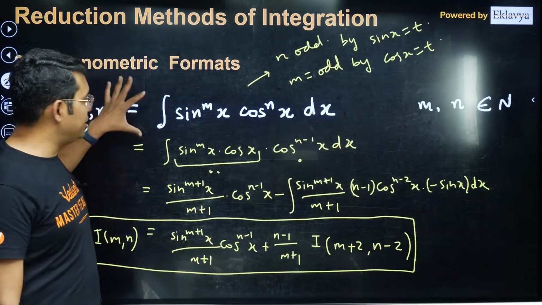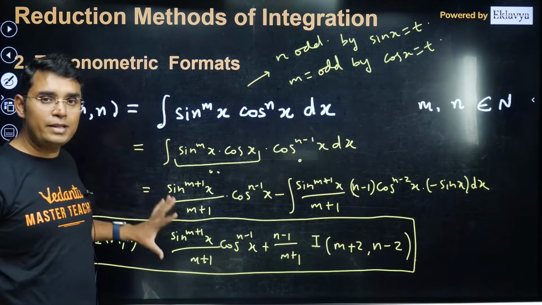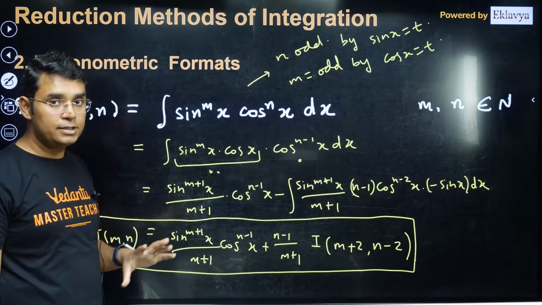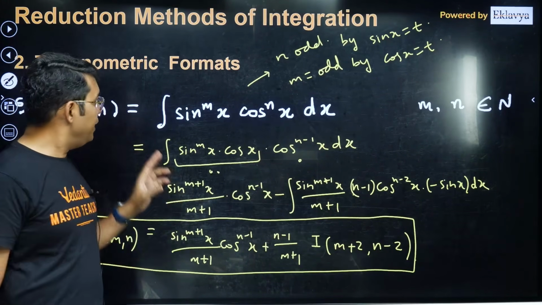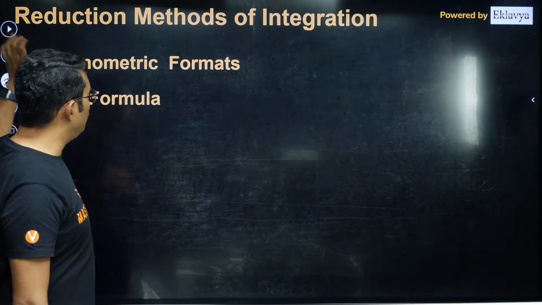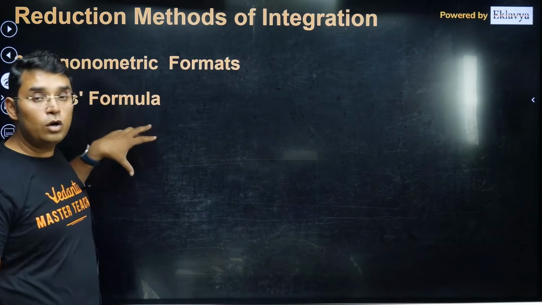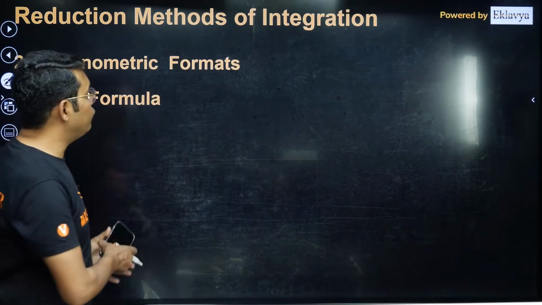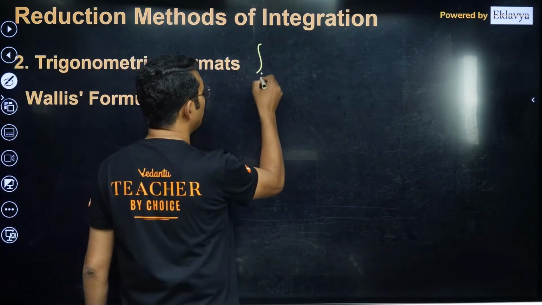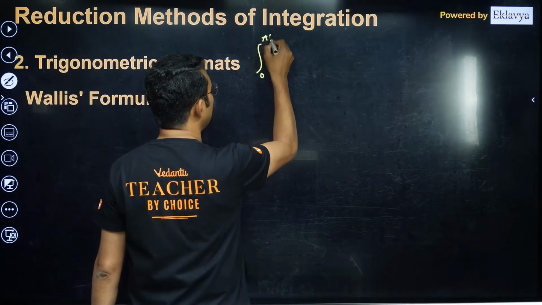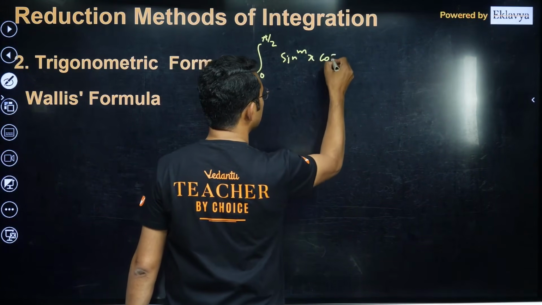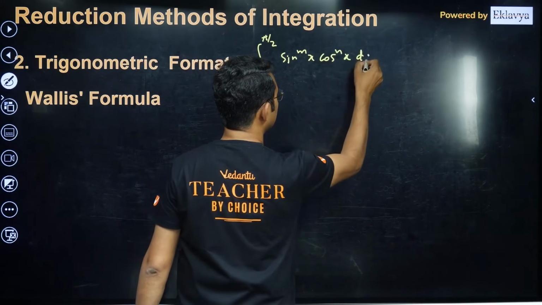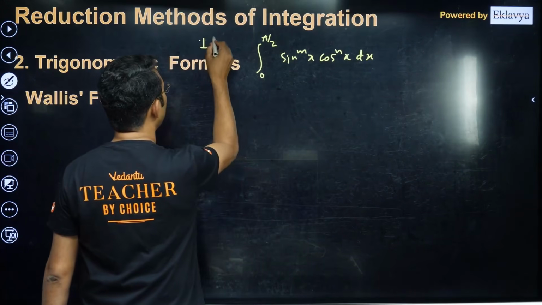In fact, although this is not a very doable thing for indefinite integration, it is very much doable for a definite integral if your limits are from 0 to pi by 2, and that is called Wallis formula. So suppose you are going to solve the integral from 0 to pi by 2 of sine m x cos n x dx, and this is I m comma n.